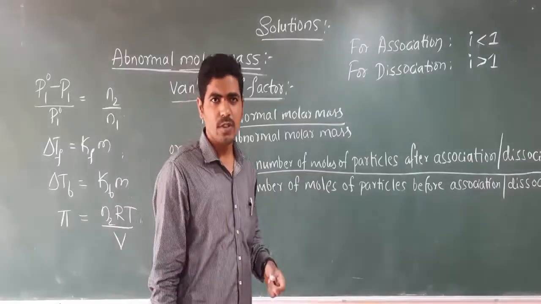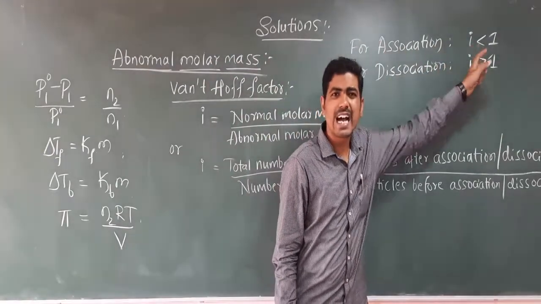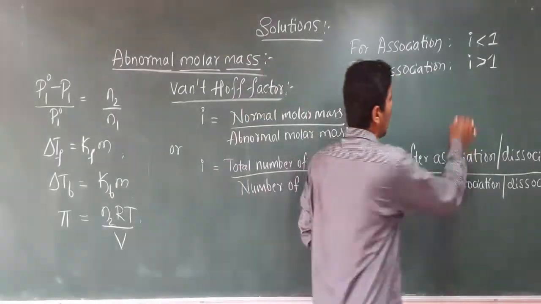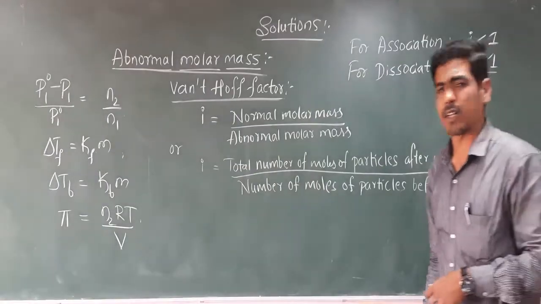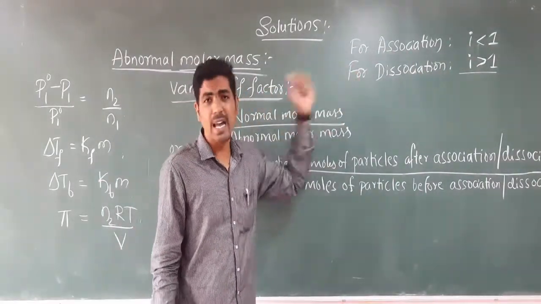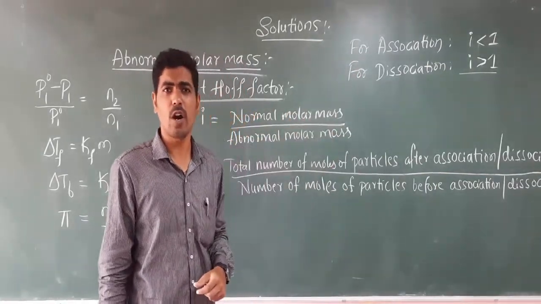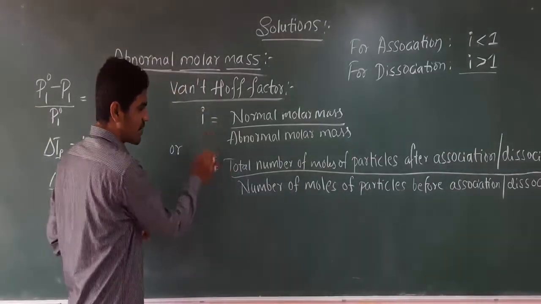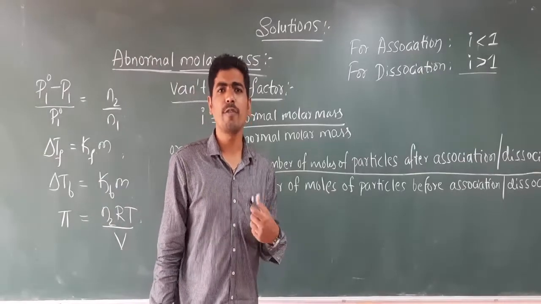As you know, for association, the value of the Van't Hoff factor i is less than 1, and for dissociation, the value of i is greater than 1. Now, how do we calculate the value of i in order to know whether the molecule will undergo association or dissociation? Here are some formulas which are used to calculate the value of i.